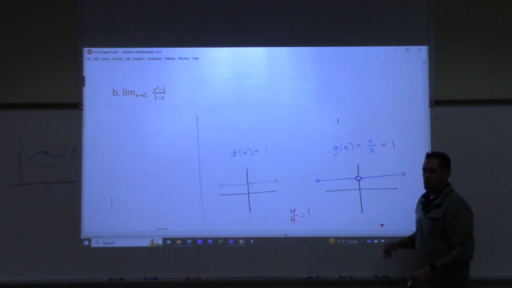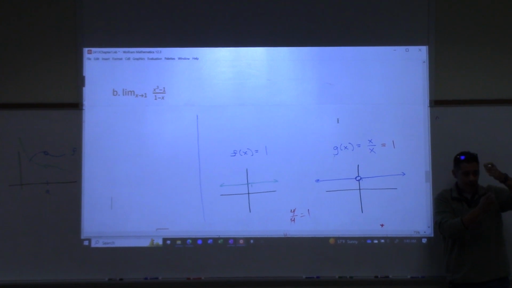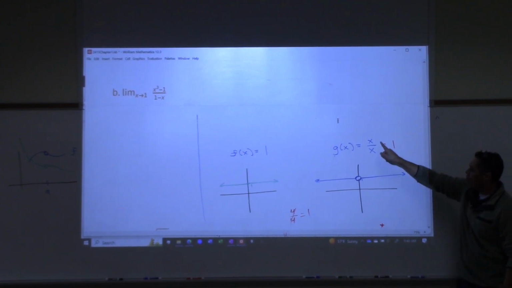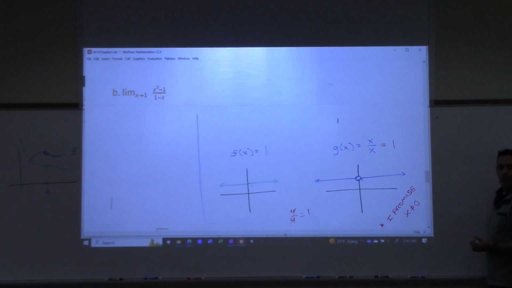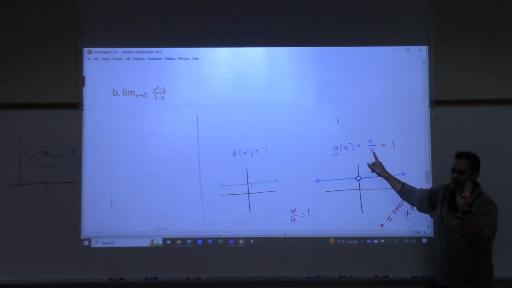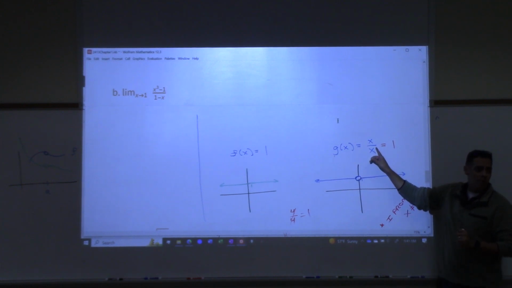You don't have to worry about anything. But if I cancel things that have letters in them, x's, there's a little disclaimer on the bottom that when you do this canceling, you're promising, I promise x won't be 0. You're saying, look, I'm going to cancel these, but there's a promise I'm making that I'm never going to try and plug 0 in, because 0 would have caused a problem.